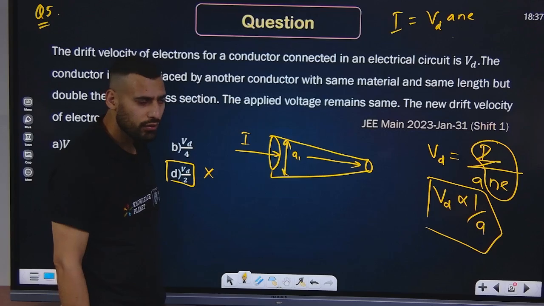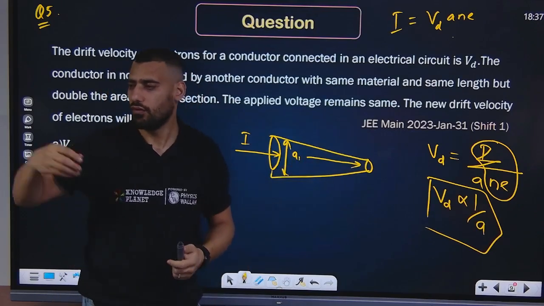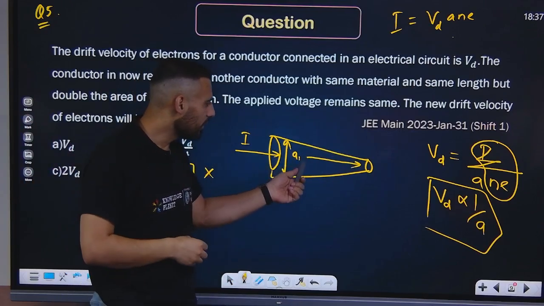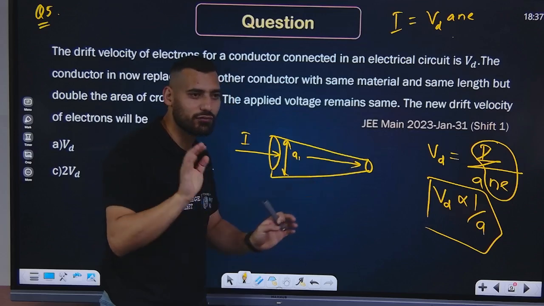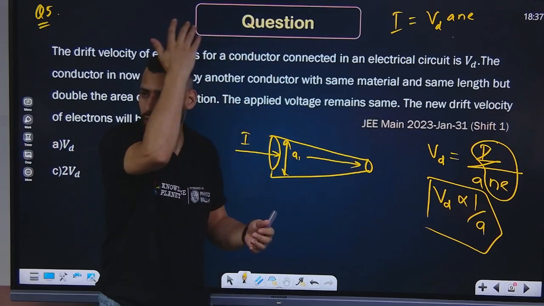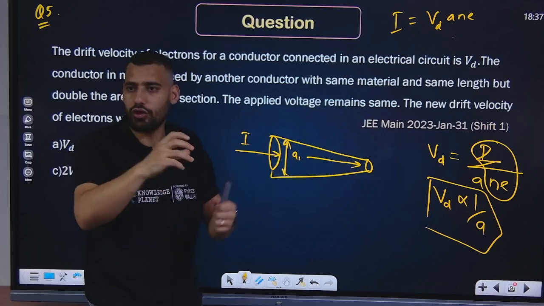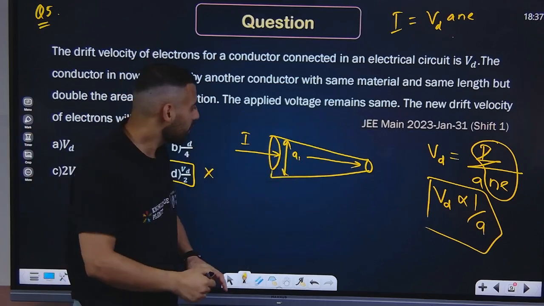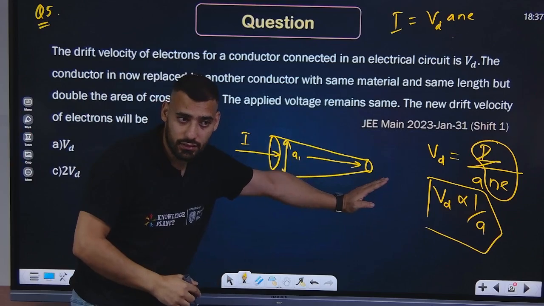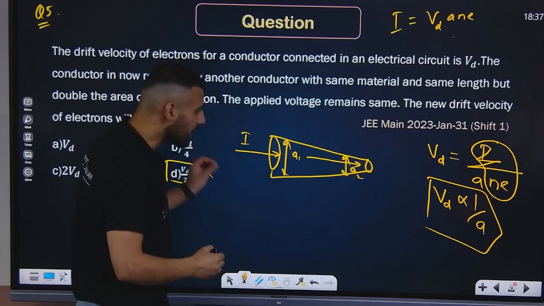No. Current is the same, of course. Water, when the diameter is less, will the water say, okay, I'll not go, you go? No. All the water is going to flow through the pipe, right? It doesn't matter how small or how big the diameter is. So current is constant. If the area here is A2, current is constant.